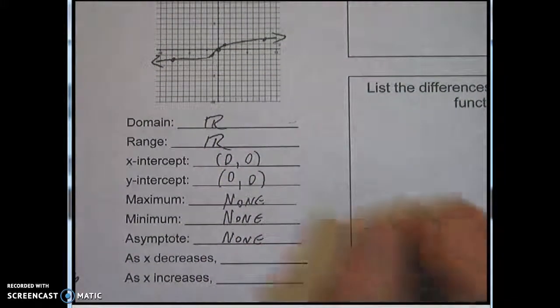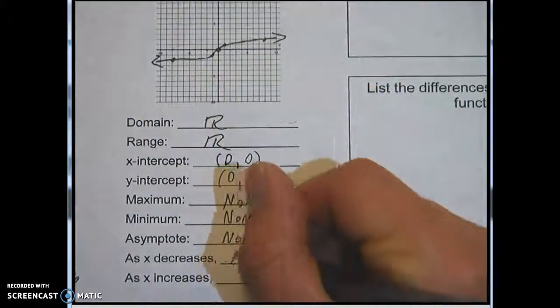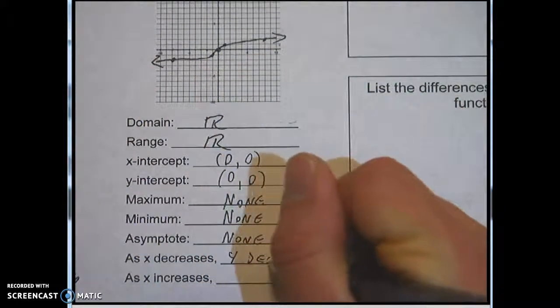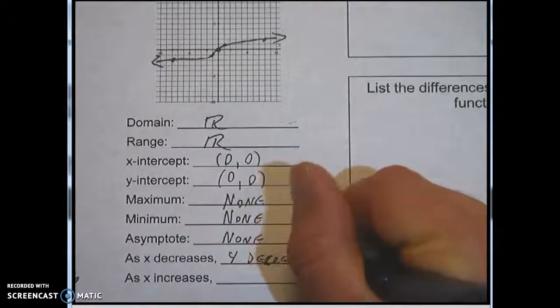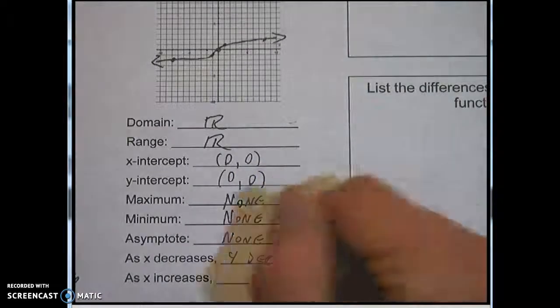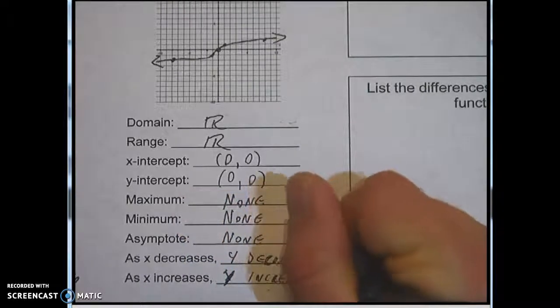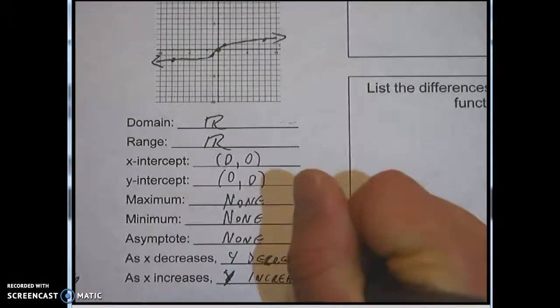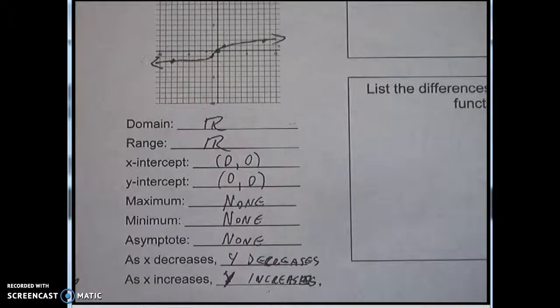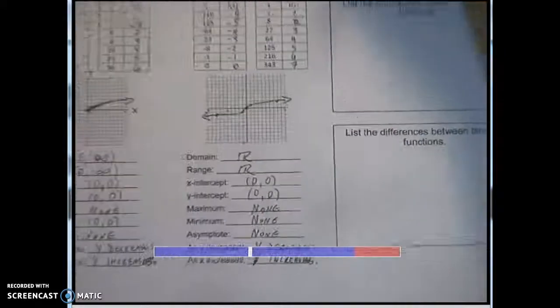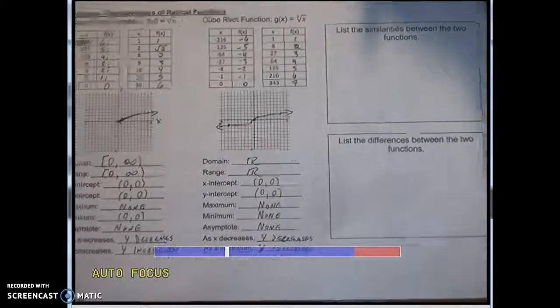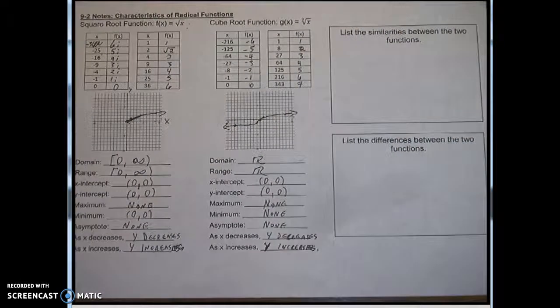As x decreases, y is decreasing with it. And as x increases, y is also increasing. As x increases, y increases. As x decreases, y decreases. So what do they have in common? What's the same about these things?